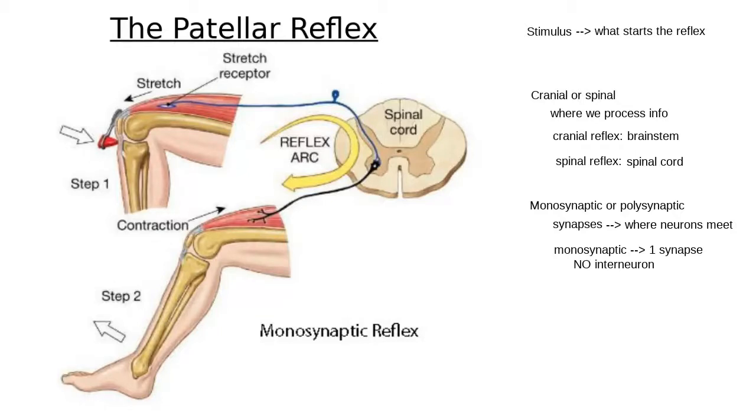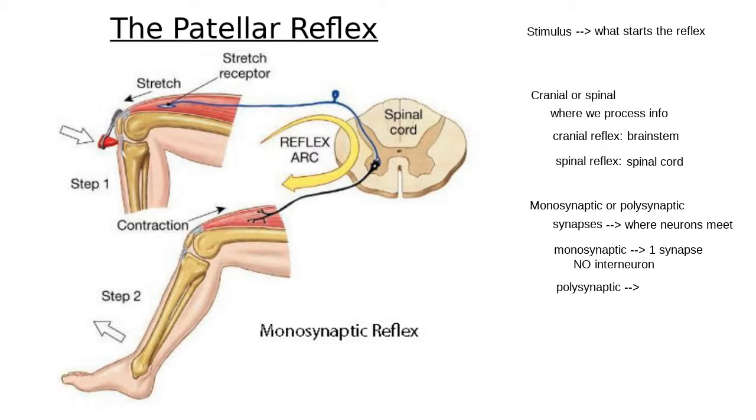Monosynaptic reflexes have no interneurons, no processing neurons. Monosynaptic reflexes, we go straight from a sensory neuron that collects information to a motor neuron that makes things happen. Monosynaptic. Most of the reflexes in the body, though, are polysynaptic.